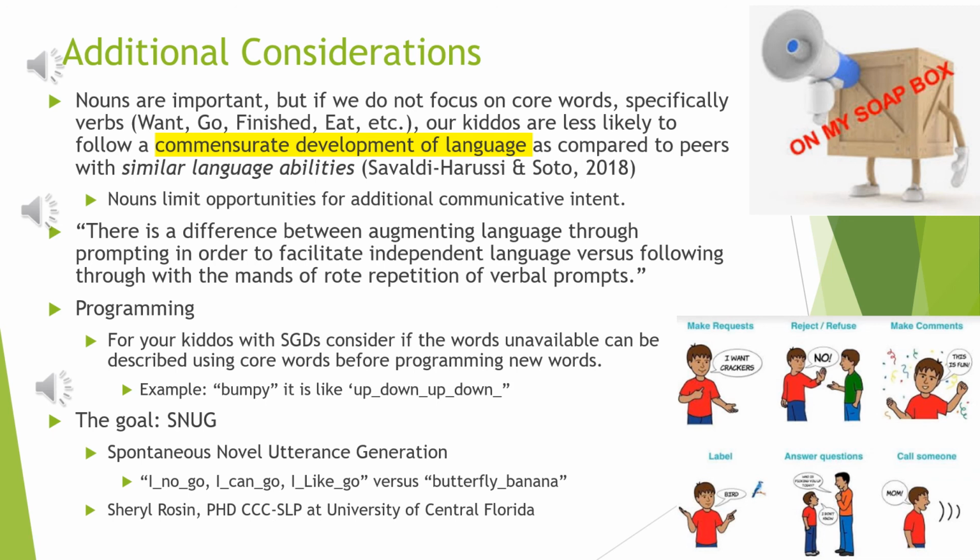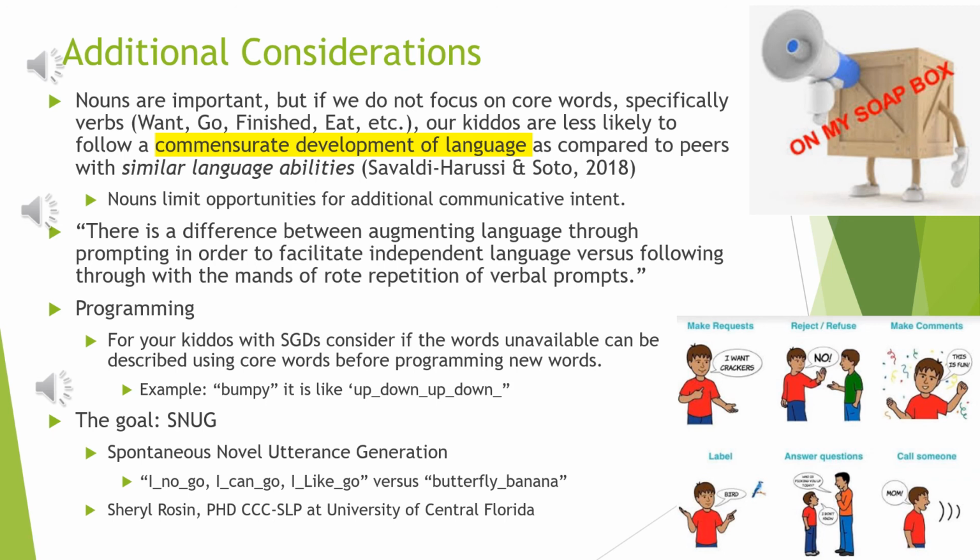Nouns are important. But if we do not focus on core words, specifically verbs like want, go, finished, eat, our kiddos are less likely to follow a commensurate development of language as compared to peers with similar language abilities. So remember how at the beginning of this presentation I discussed the difference of our kiddos who have autism versus other kiddos that may just have a language and or cognitive impairment, right?